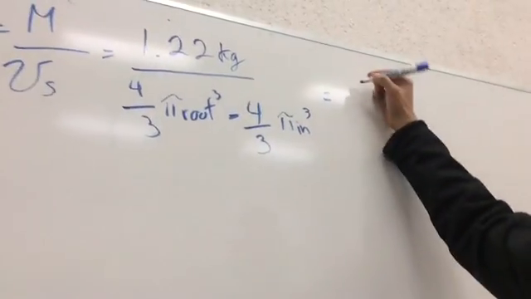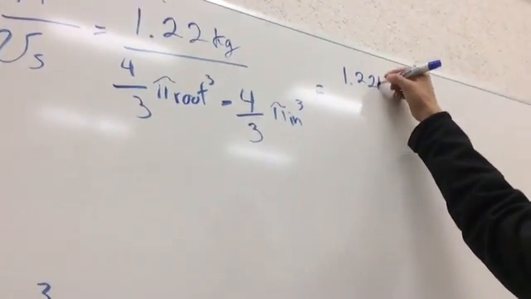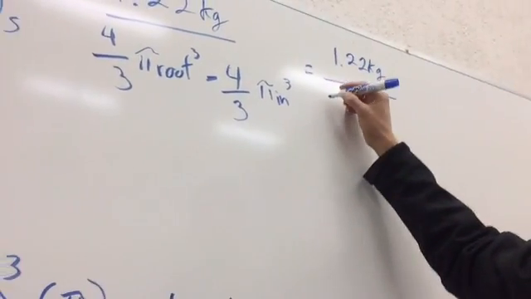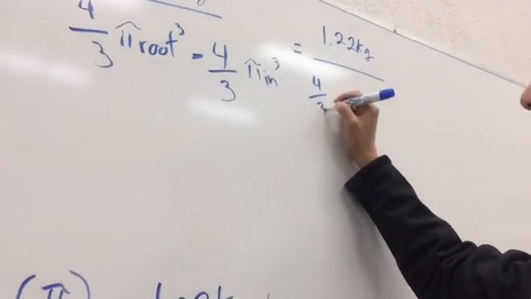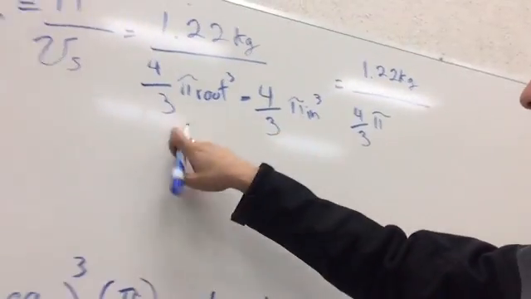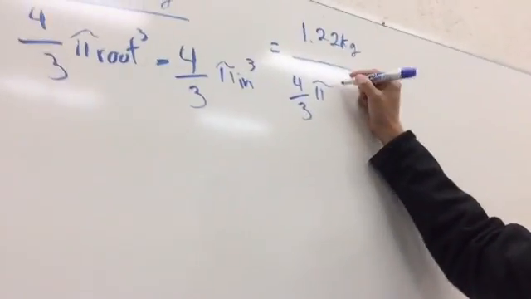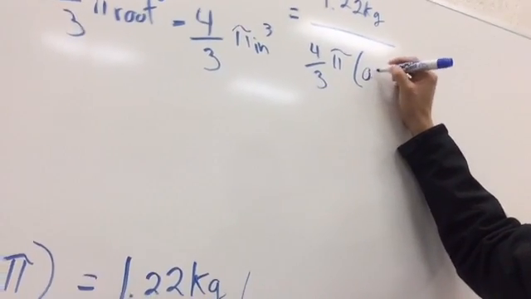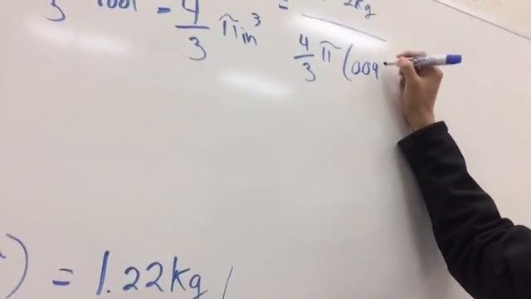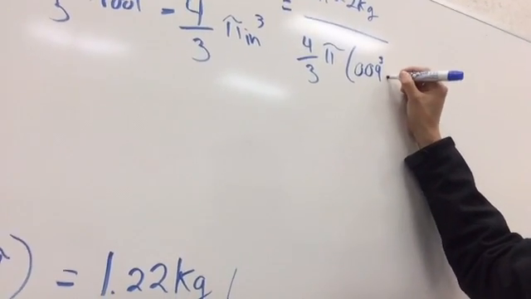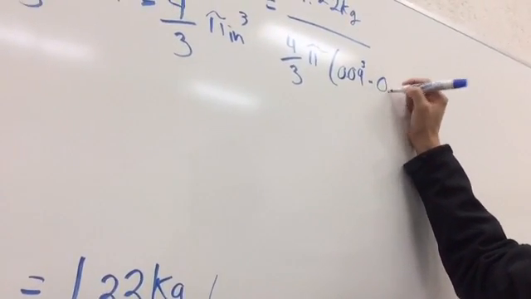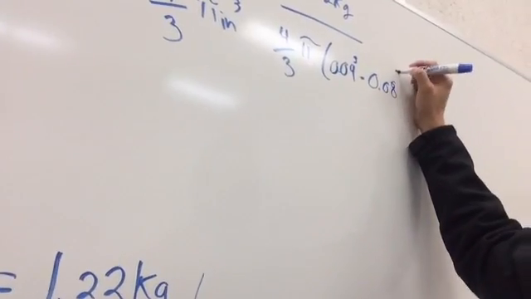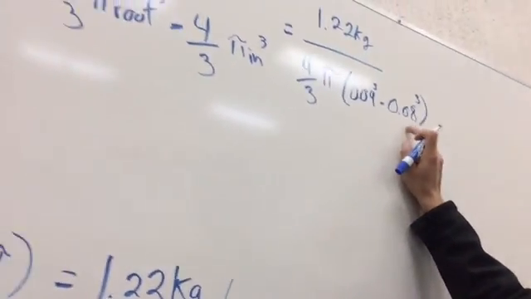And as we can solve this, we know that we have two constants. So we can say 1.22 kilograms over 4/3 pi, because this is our constant, times the outer radius, that is 0.09 cubed, minus 0.08 cubed meters, because this one is the inner radius.